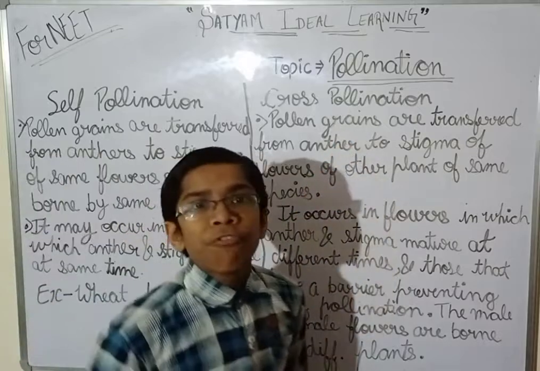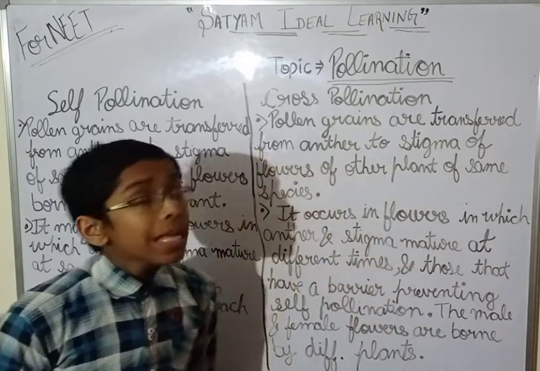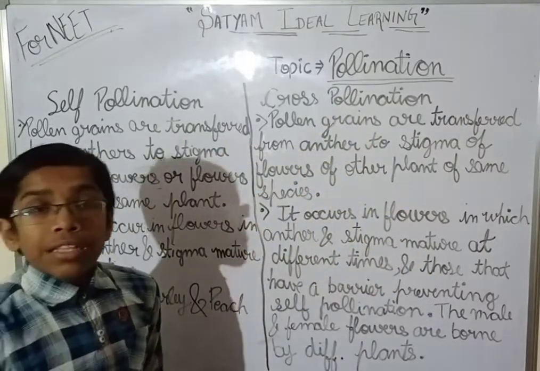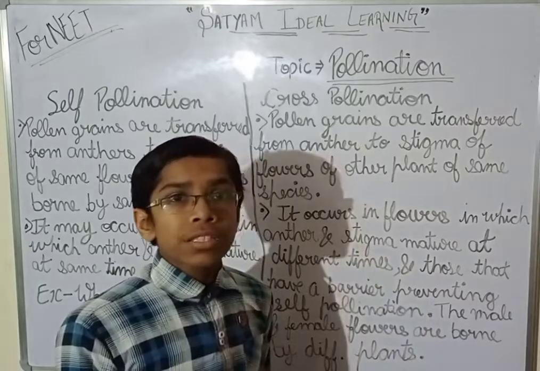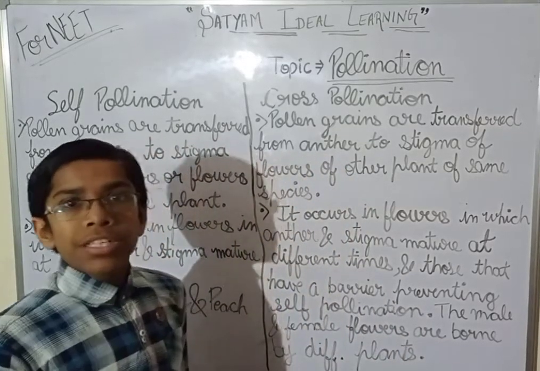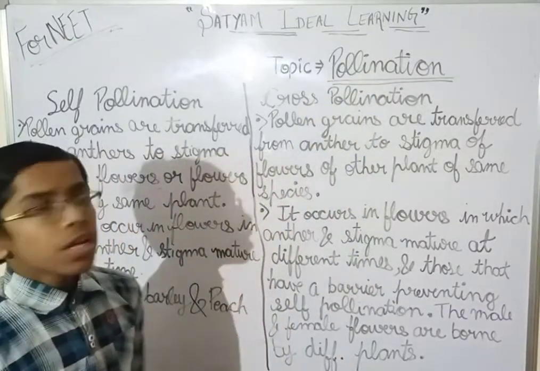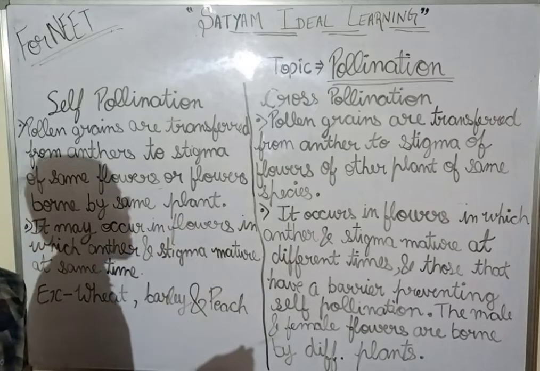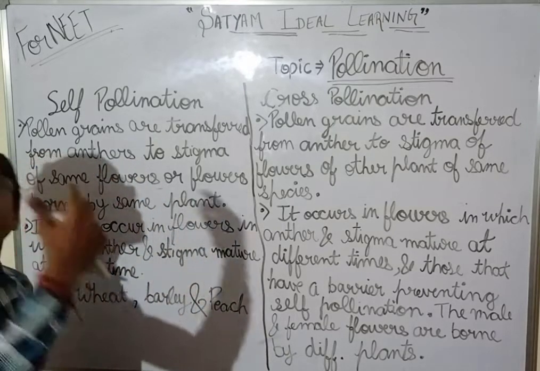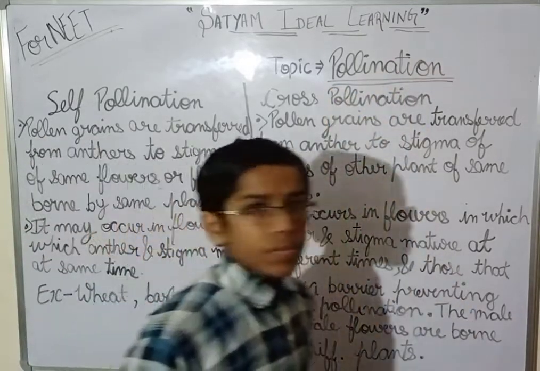Pollination is the very first step in sexual reproduction in plants, and the definition of pollination is that the transfer of pollen grains from the anther to the stigma is known as pollination. Clear?